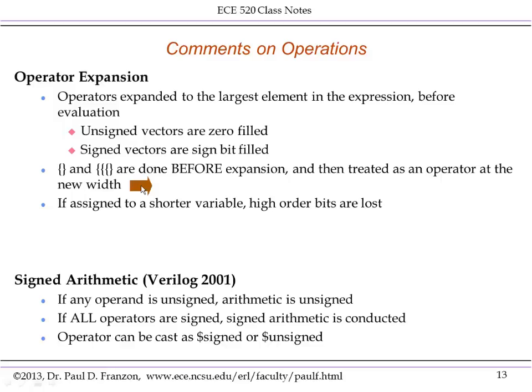We do concatenation or replication before searching for the longest vector. For the vectors that are shorter, we either zero fill them if they're unsigned, or sign bit fill them, that is, replicate the most significant bit, if they're signed vectors. If we end up in a situation where a longer vector is assigned to a shorter vector, we just simply lose the high order bits.